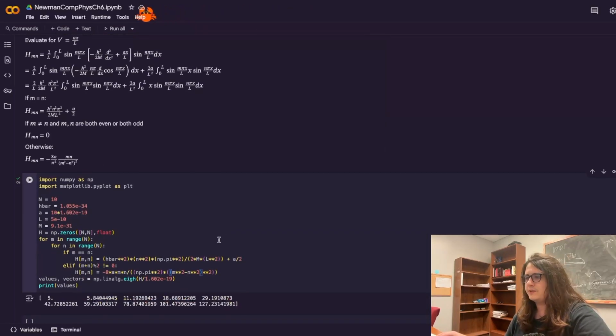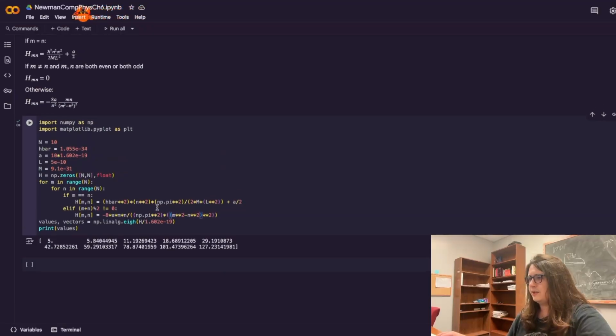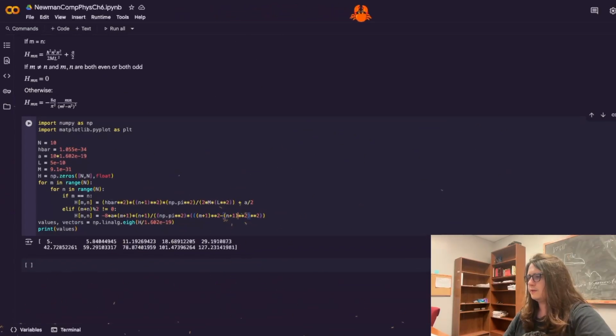And I didn't correct for that, so I need to actually, anywhere that n or m show up, just put +1 in the algebraic expression. So that's going to be also here, +1, and +1, and +1, and +1.